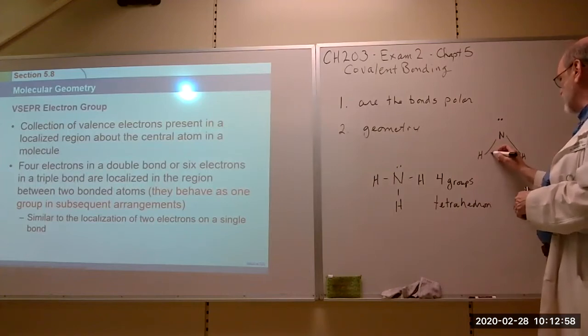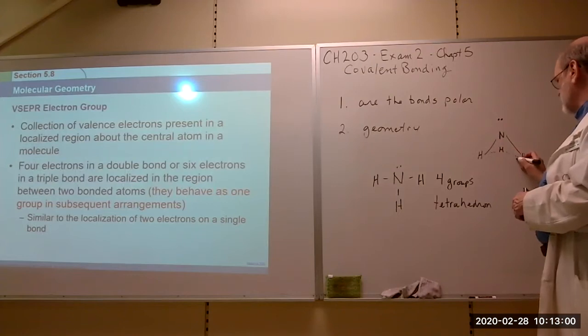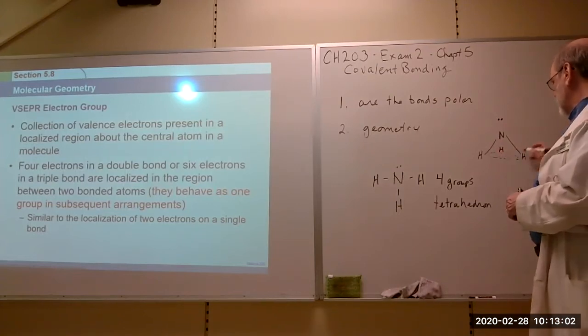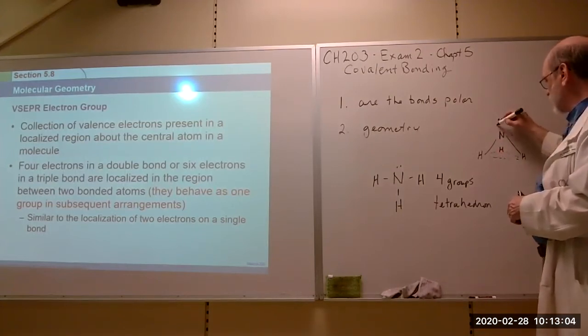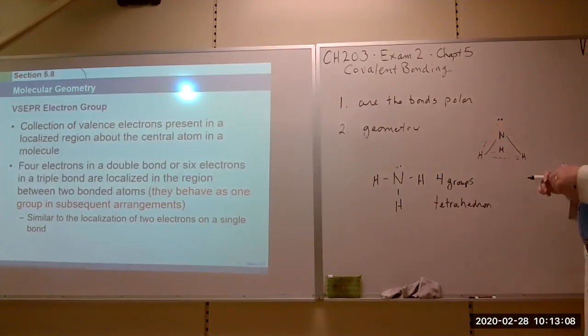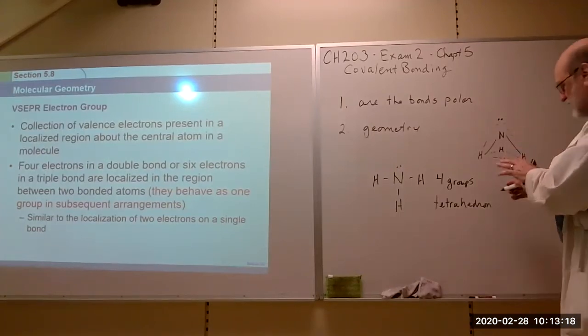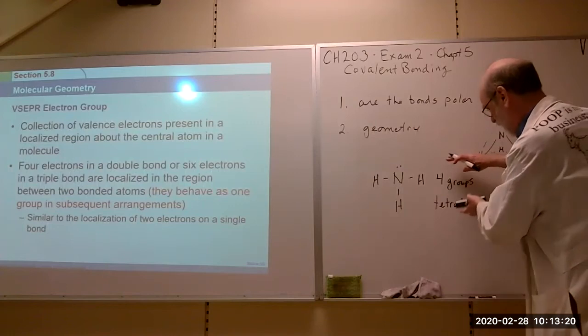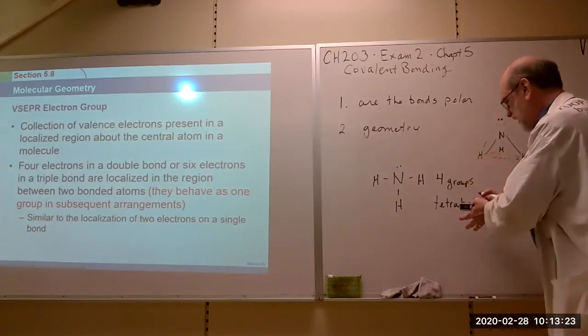So this forms the base of our tetrahedron, and this forms the apex. Okay? Try to visualize that. So in this case, since we have 4 groups, it's a tetrahedron.